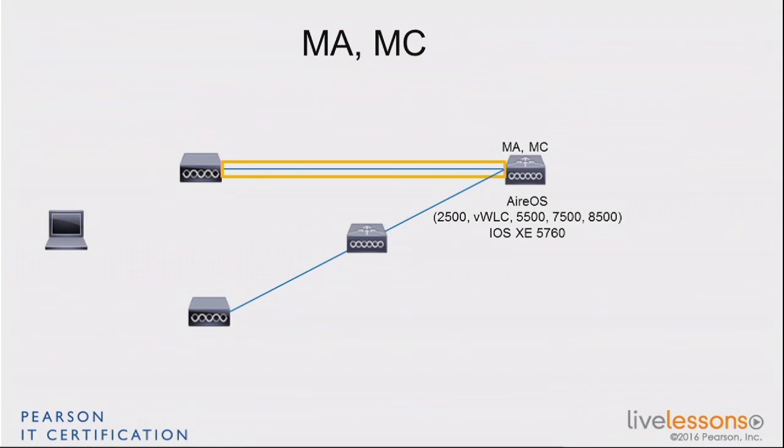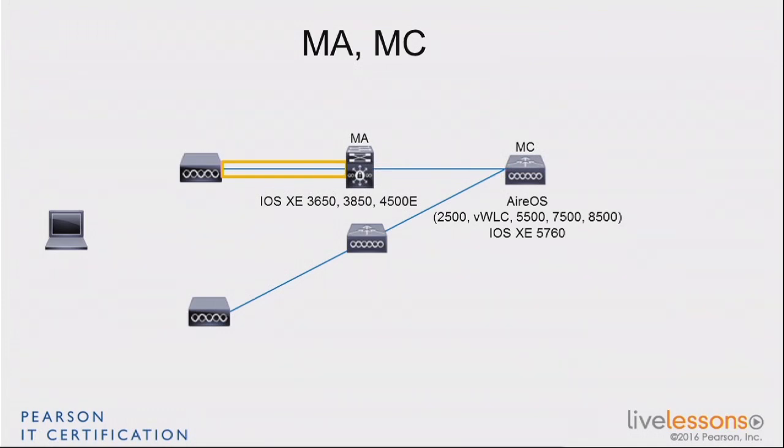Therefore, that place is going to be the mobility agent. And all clients connecting through these access points are going to connect through that controller, and therefore that controller is going to be the MC for those clients. As the client moves from one controller to the other, they are going to move the context from one controller to the other, and each controller is going to behave both as the MA and as the MC.